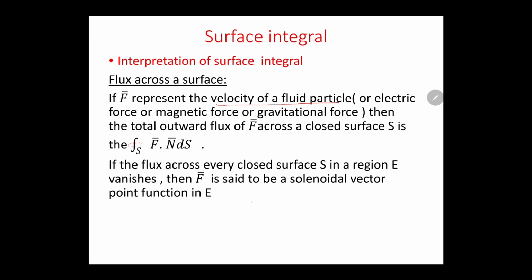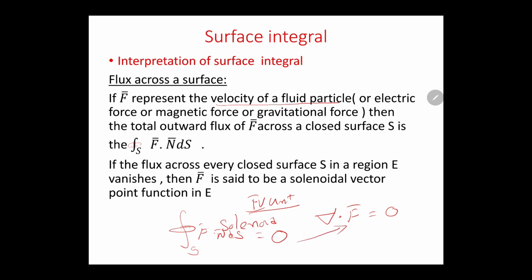In your fourth unit, you learned what a solenoidal vector point function is: one whose divergence of f bar is 0. Now I am giving another interpretation. If the surface integral of f bar dot n bar ds is also 0, then I also call it solenoidal.